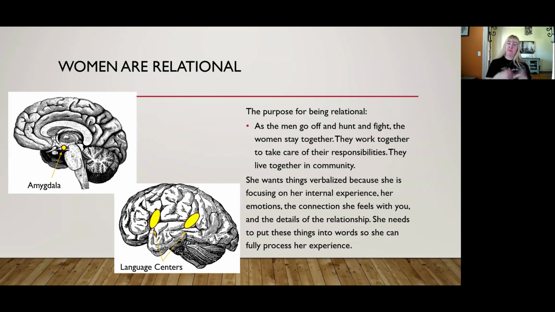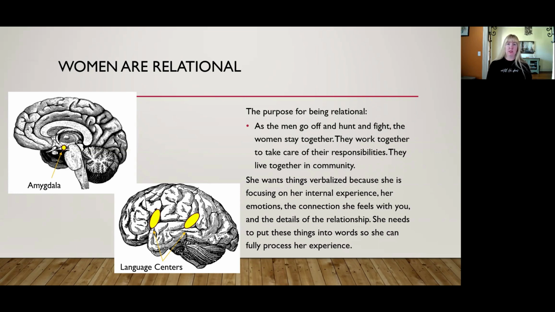On the flip side, when women are asking their husbands to talk more, they're asking him to verbalize his process because she wants to be a part of that process. She wants to understand what he's thinking, the things he's factoring in.